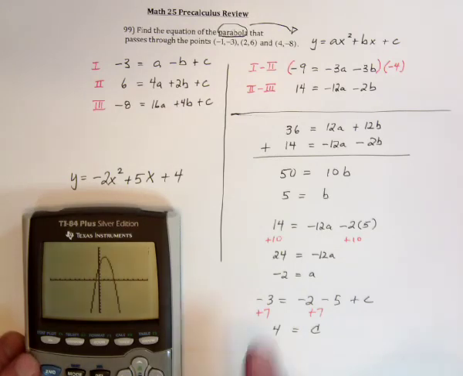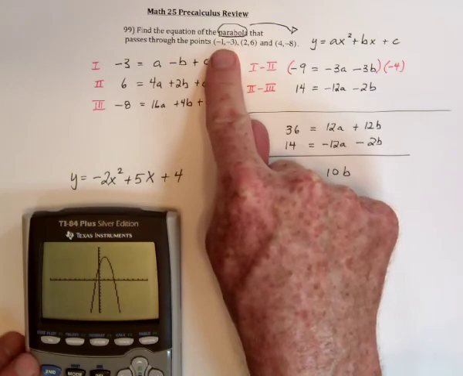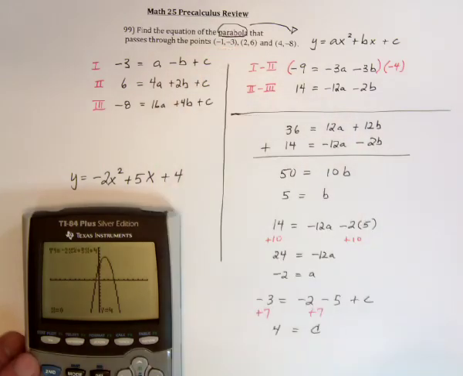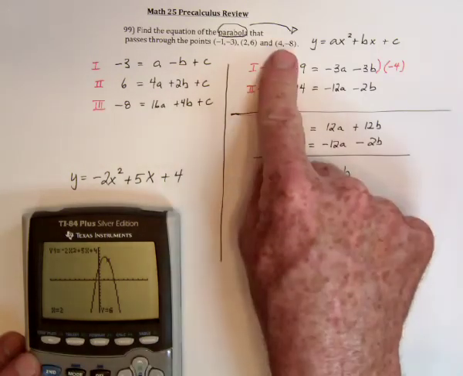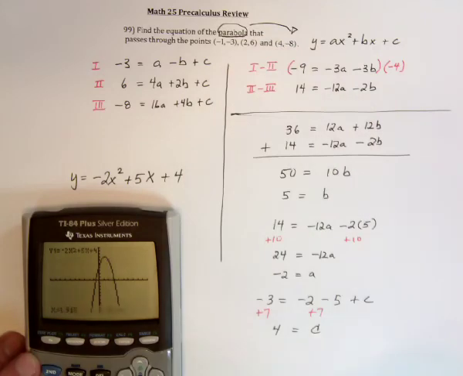Well, I guess I do want to visualize these points. But I just need to plug in the numbers and see trace. If I put negative 1, is that correct? Negative 1, negative 3. That one's right. If I put x equals 2, it hits 2, 6, so that one's right. And then the last one, oh, I'm holding my breath, 4, negative 8. There's the parabola.